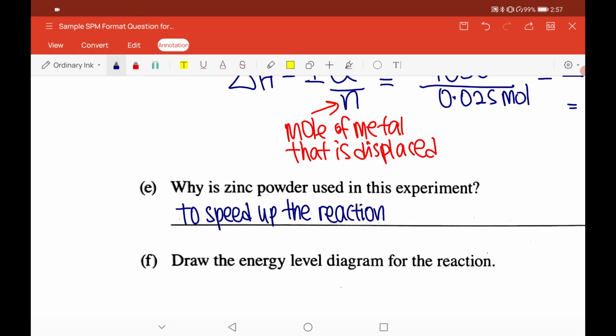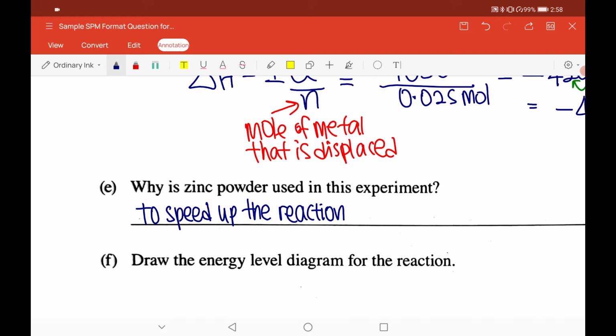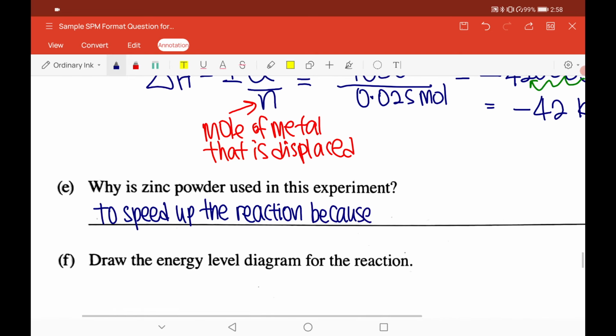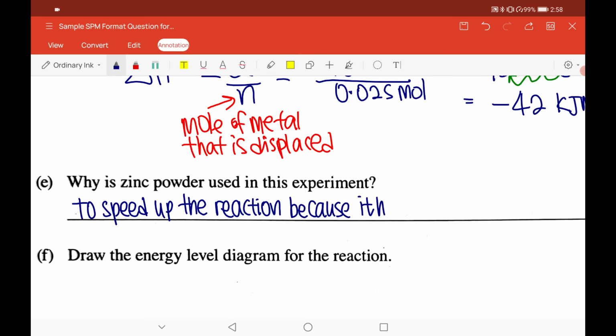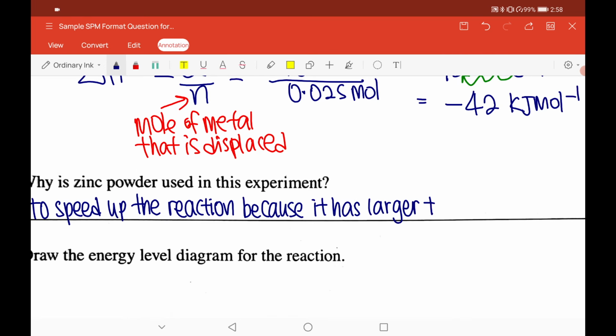If you want to make the answer even more perfect, you can write this. Why can powder speed up the reaction? We learn this in Form 4, Chapter 7. Powder can speed up the reaction because it has a larger total surface area.